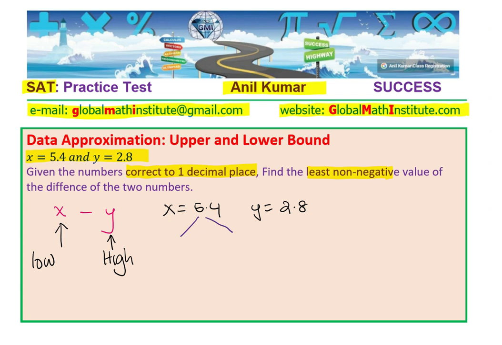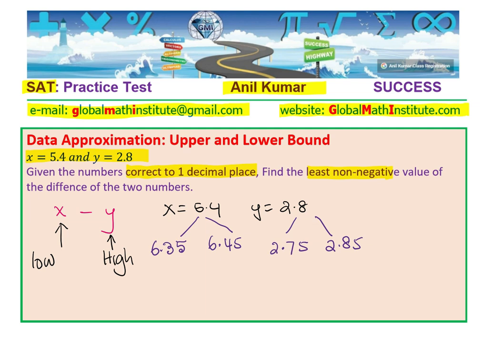So the number 5.35 could be the minimum number which will be rounded to 5.4, and the number 5.45 will be the highest number. In case of y, we have 2.75 which rounds to 2.8, and the number 2.85 is the other extreme.